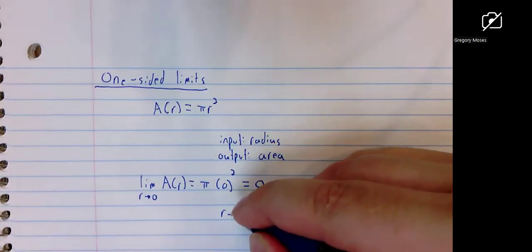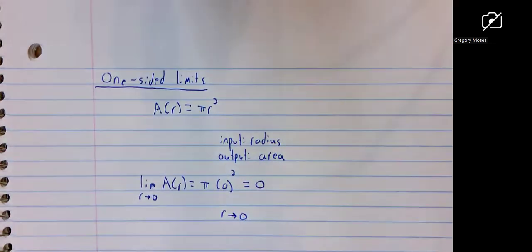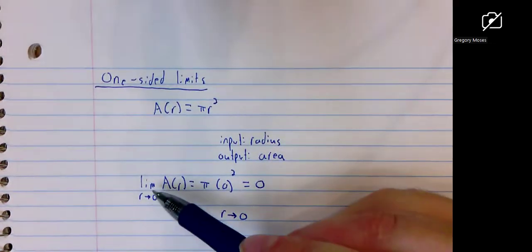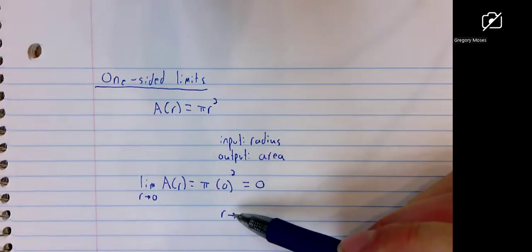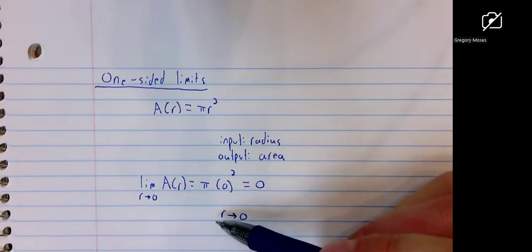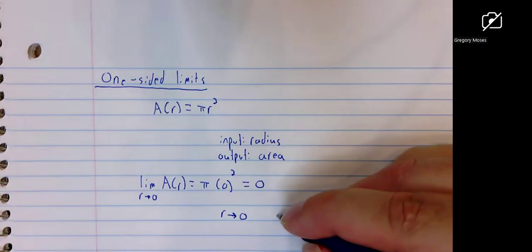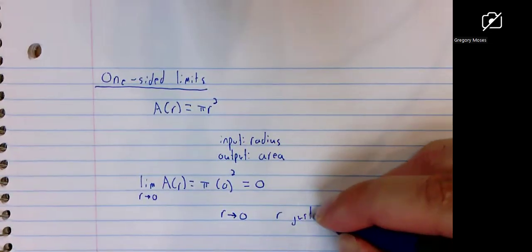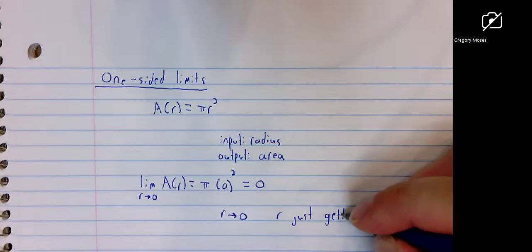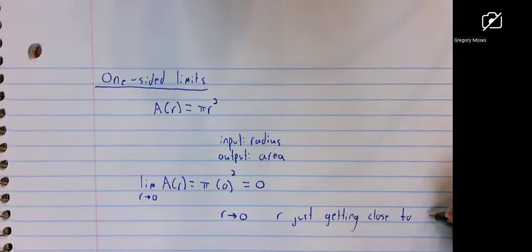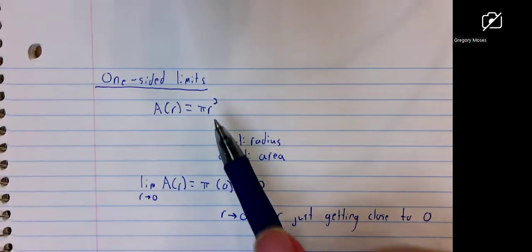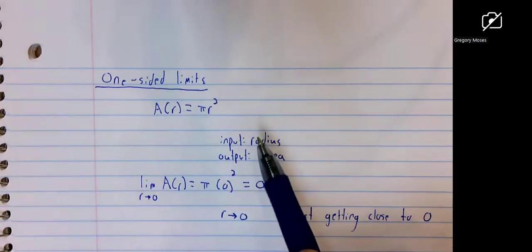When we talk about r converging to zero, in the limit, there's no assumption that r is to the left of zero or to the right of zero. R is just getting close to zero. But in the geometry of the problem, r is a radius, r is a distance, so r cannot be negative.